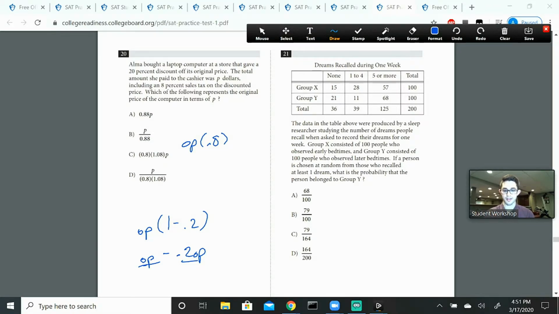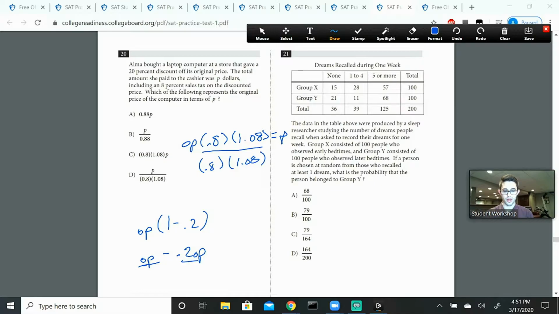And then that has a percent sales tax. Now when we're doing discounts, we do 1 minus the percentage. In taxes or percent increases, we do 1 plus, so we get 1.08, and that equals the final price. And now, just like we did in question 7, in order to get the original price by itself or in terms of P, we just divide by what's being multiplied by it.